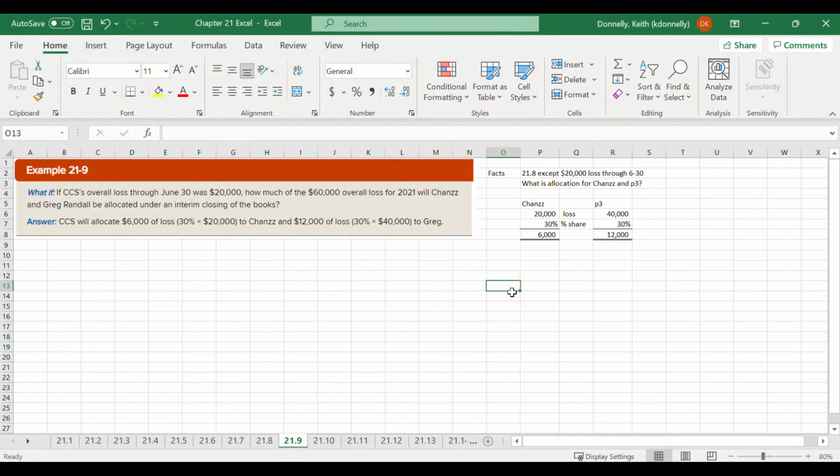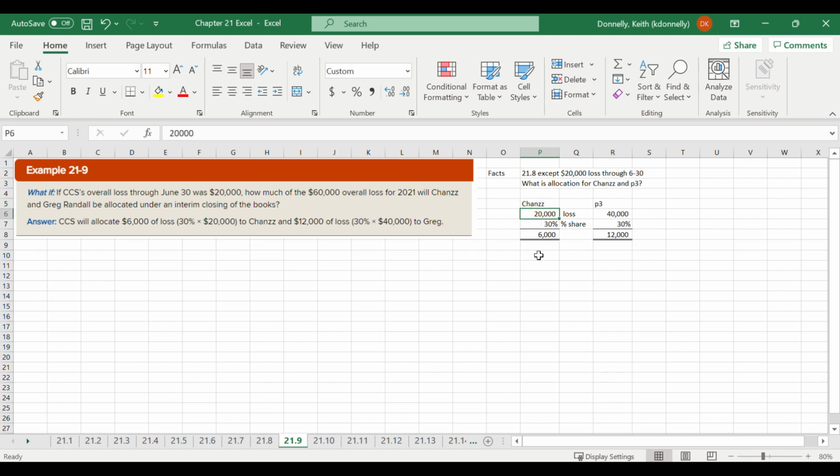Now, in distinction here, under this interim closing of the books, let's just say this is the selling partner and this is the buying partner. We still have an overall $60,000 loss during the year. But what we do is we say, at the time of sale, which was like 6/30, how much of the $60,000 loss did we have at that point in time?